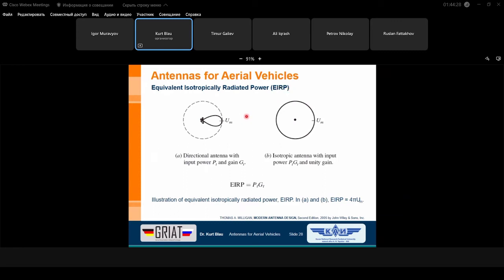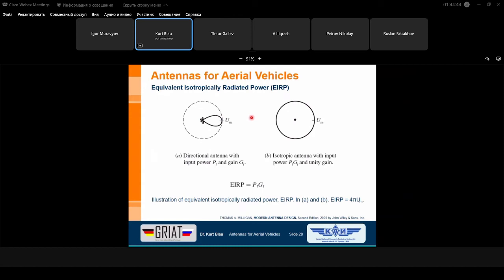But it's not allowed because it's printed 20 dBm. So what does it mean? We have to consider the gain of the antenna, and so we have to do the opposite.